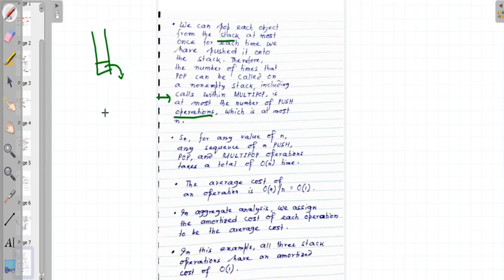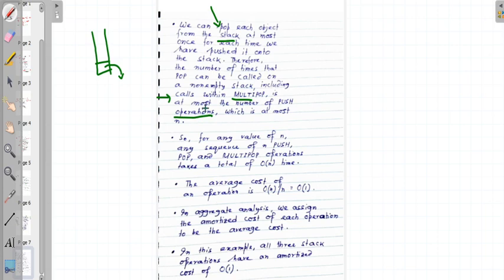So the pop operation happens only once corresponding to a push, and that pop will also be part of the multi-pop. So the multi-pop operations can be at most the number of push operations, because we cannot invent any other pop operations.